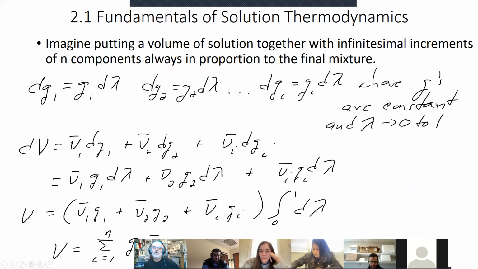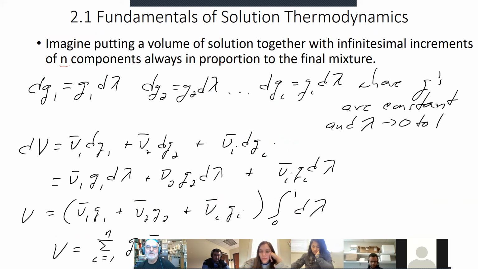Now, what the book does is it sort of derives this, and it makes this logical. What it says is, imagine we're going to build a solution. It goes through the procedure, and this is a standard way that textbooks do this. Imagine you're going to make up a solution with infinitesimal increments of n components.